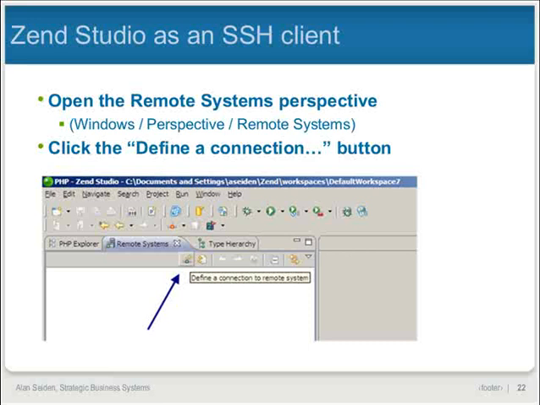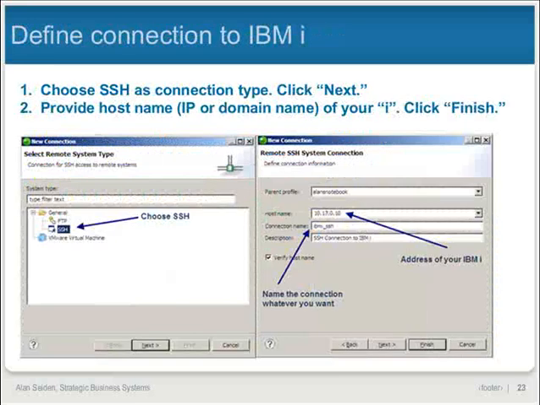So here's one called Remote Systems Perspective. Go to the Window menu, then Perspective, or Perspectives, then Remote Systems. And then you click this button that says Define a Connection to Remote System. And you will see this screen here. The first thing you do is you choose SSH.